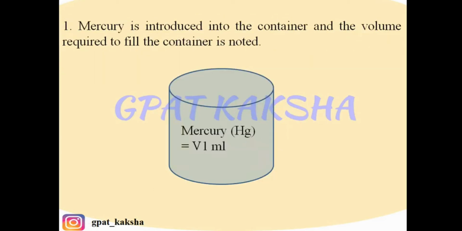Mercury is introduced into the empty container, and the volume of mercury required to fill the container is noted. Let it be V1 ml.